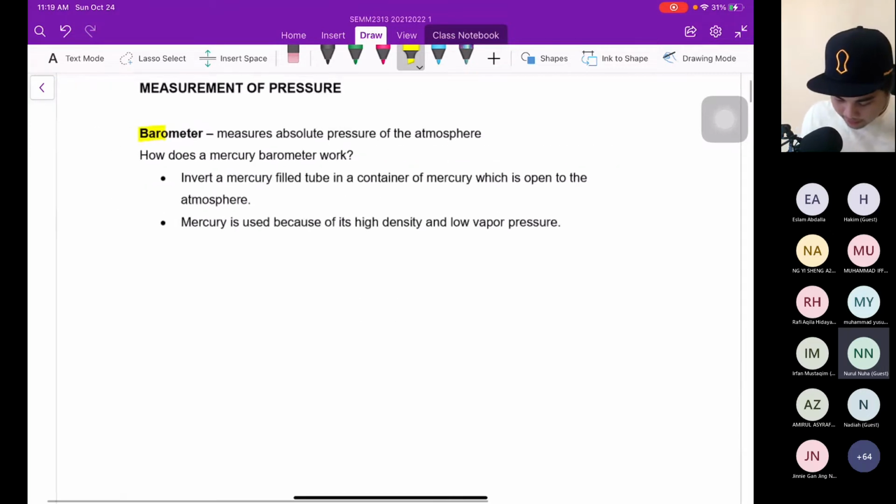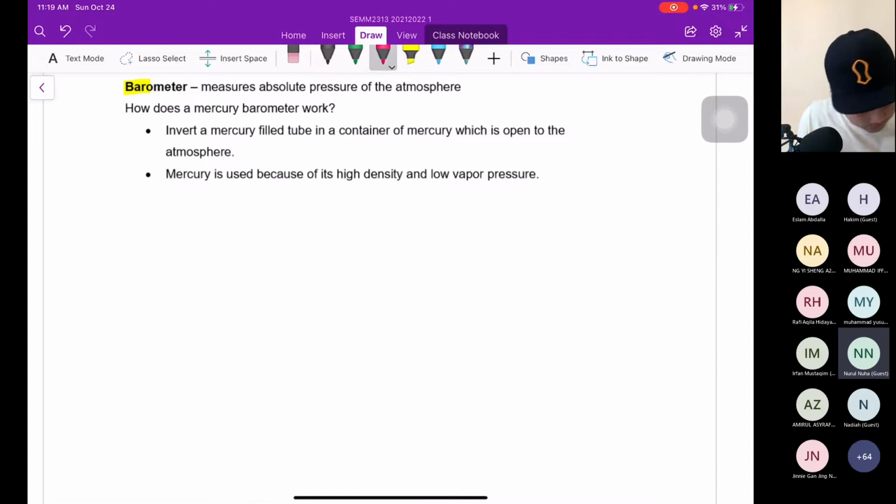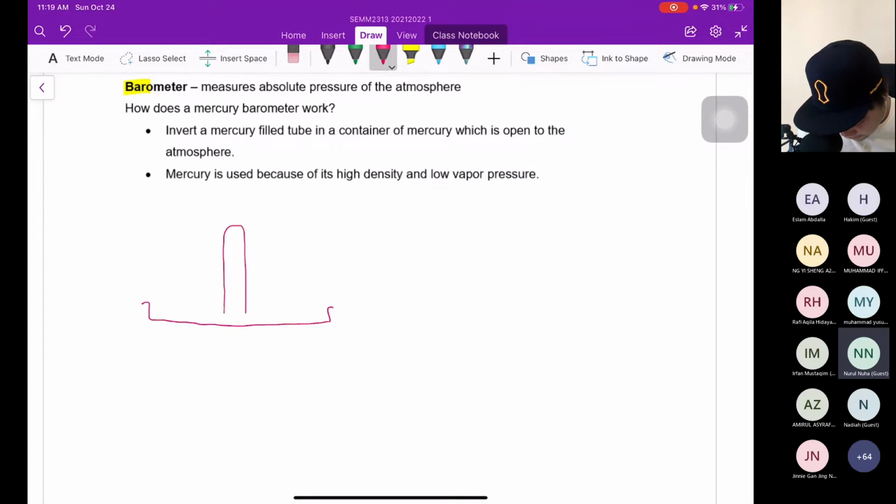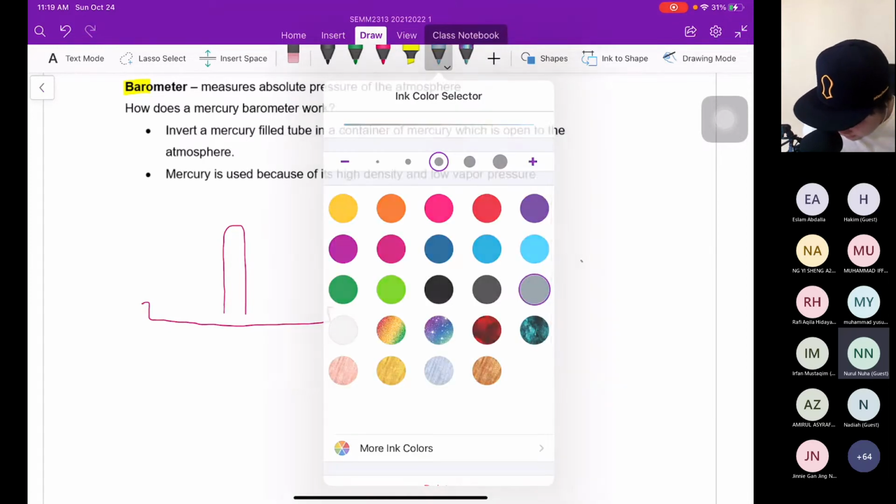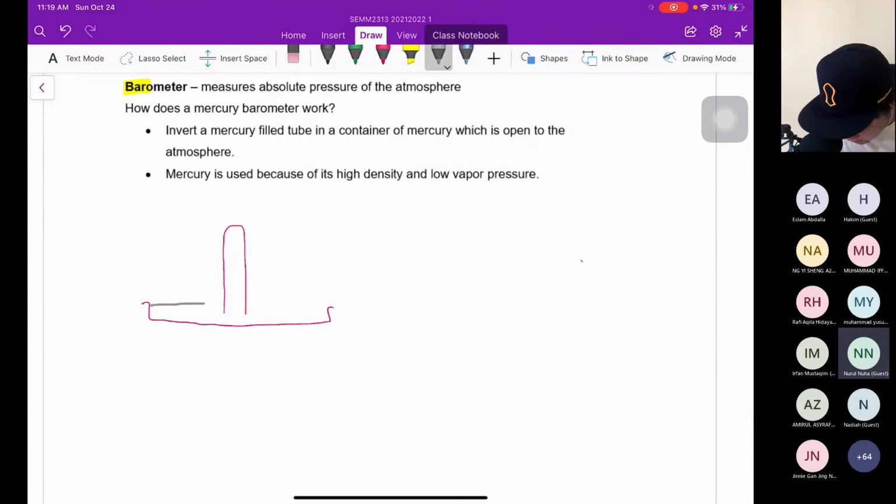Okay, this is the device. This is a beaker. And then this is the tube. And inside here we have mercury. Let's say the mercury color is like this. We have the tube filled with mercury.